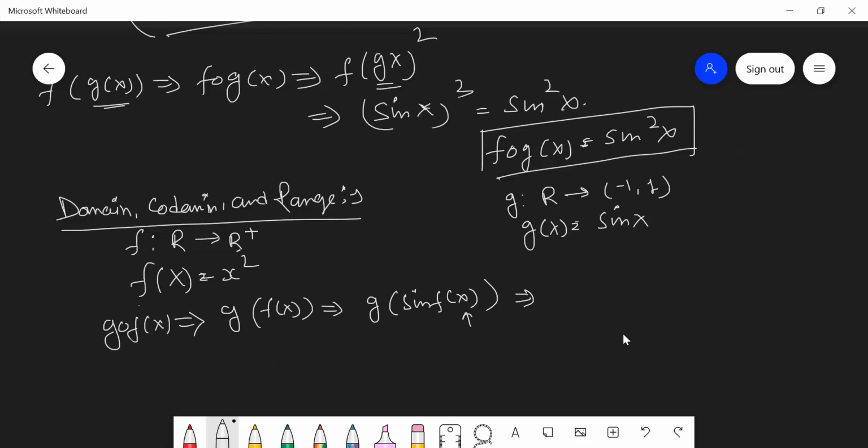When we take any value of x in sin x, we always get values from -1 to 1. So this value is also defined for g(f(x)), and it lies from -1 to 1.